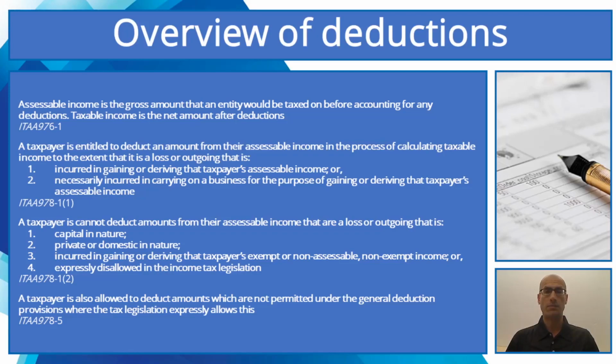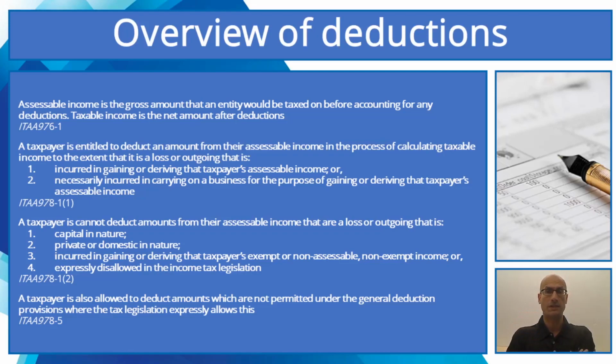And in broad terms, general deductions, you as a taxpayer can claim them if you can prove one of two things, which are in 8-1 subsection 1, either that the amount was incurred in gaining or deriving your taxable income, that's the direct limb, or that the amount was incurred necessarily as a part of carrying on a business.